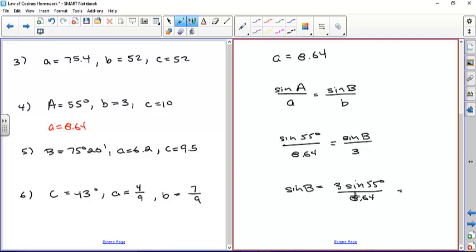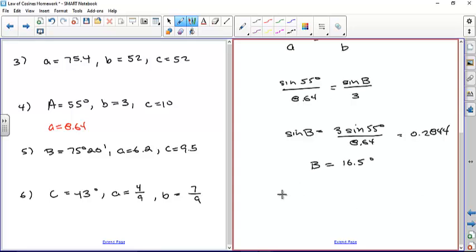So sine of 55 times 3 divided by 8.64 is 0.2844. And if we do the inverse sine, I'm not going to write it down. Done enough of these. Inverse sine of 0.2844 is 16.5 degrees.